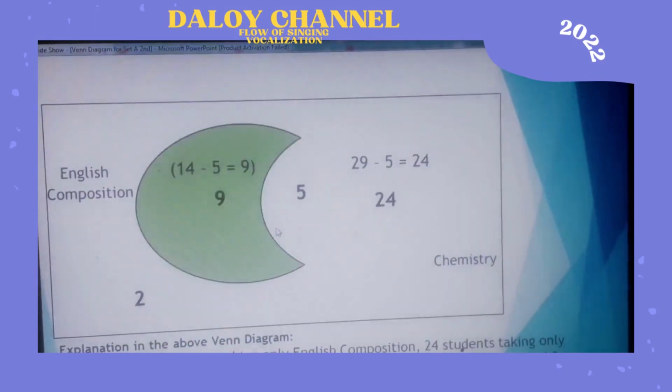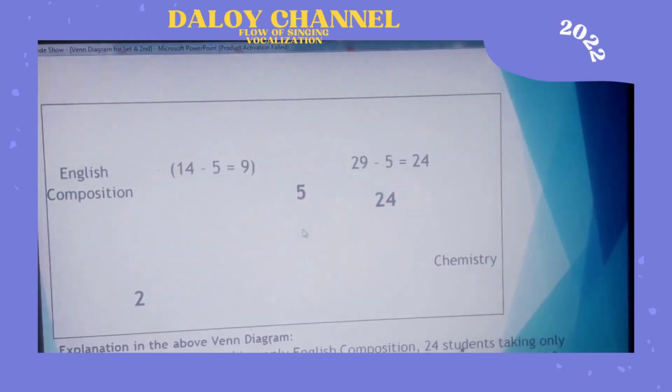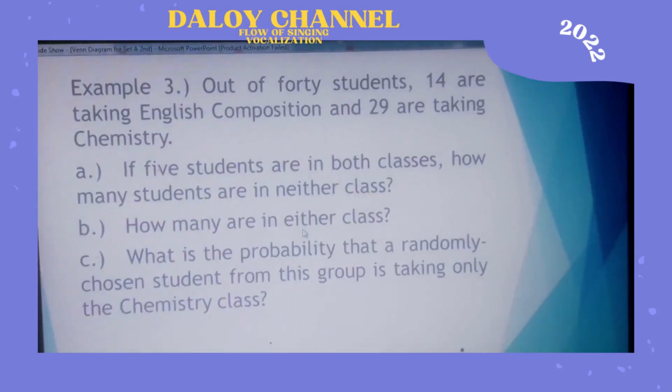So in this case, we add 24 plus 5 plus 9, we have 38. So 38 out of 40 students, so 40 minus 38, the difference is 2. So these two students are not enrolled in English composition as well as in chemistry. So that answers the question in letter A, how many students are in neither class.